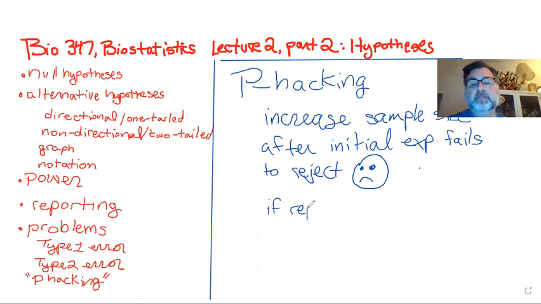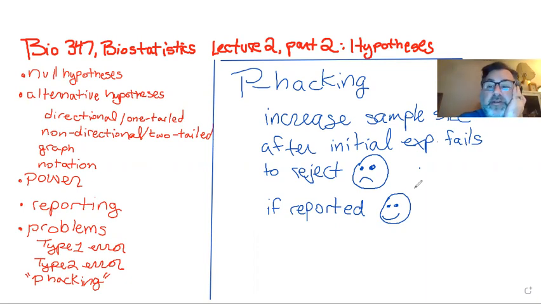If you report it, slightly better. Okay. So if you do it and you say, you know, we ran our test with 50 mice and our P was 0.06, so we ran it with 20 more mice and we rejected the null at this point, that's ethical.